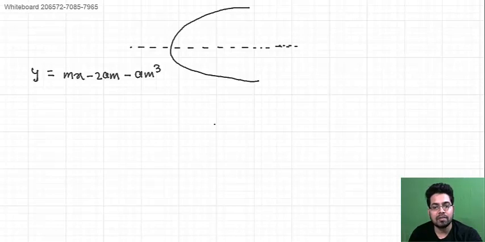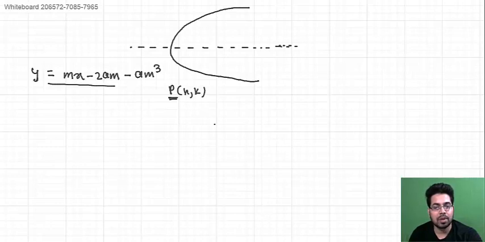And let's say we have a point inside the parabola as P(h, k). If I'm drawing normals from this point, this is the equation of normal, so this point is going to lie on this straight line.